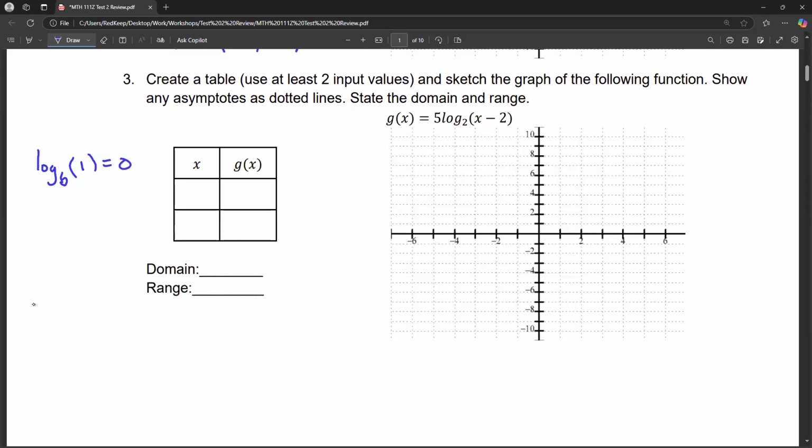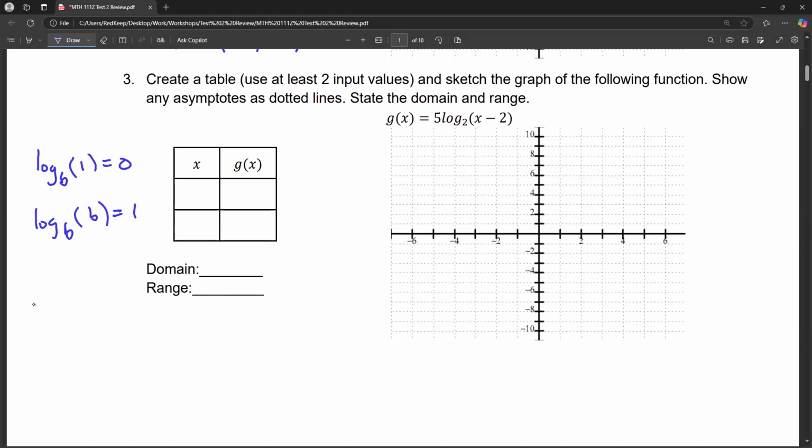And then the next one is log base b of b. And when I say b on these, I mean any value greater than 0. Log base b of b is equal to 1.